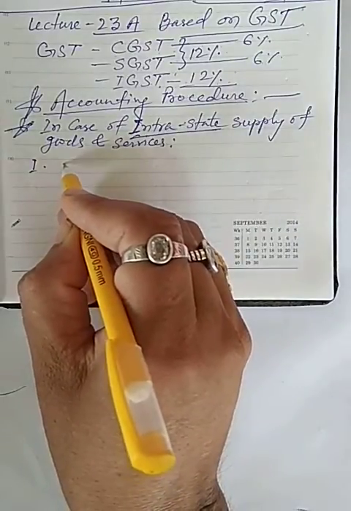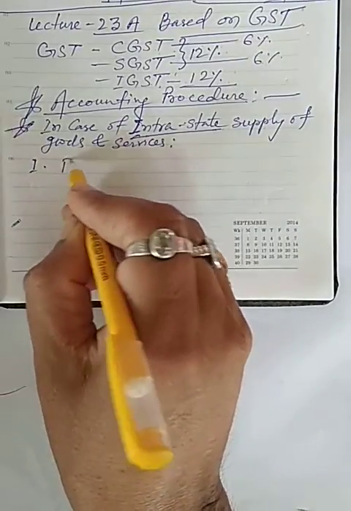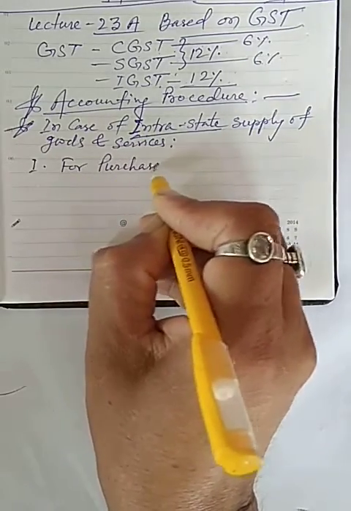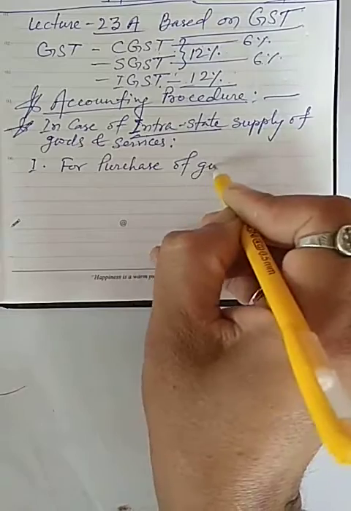First, the journal entry related to purchase of goods.